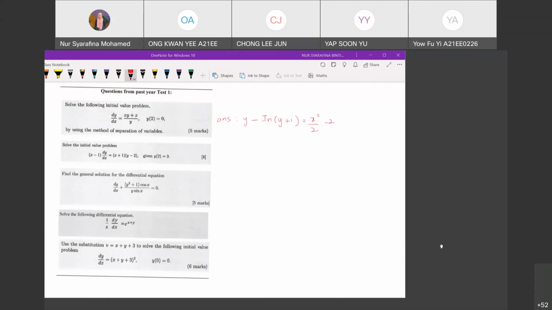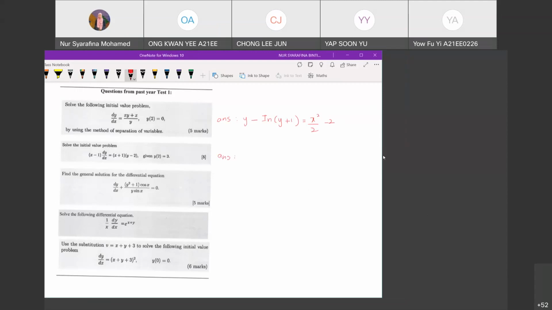Second one equals to exponent x minus 2 (x minus 1) squared plus 2. The third one, y squared plus 1 equals to a over sine x.